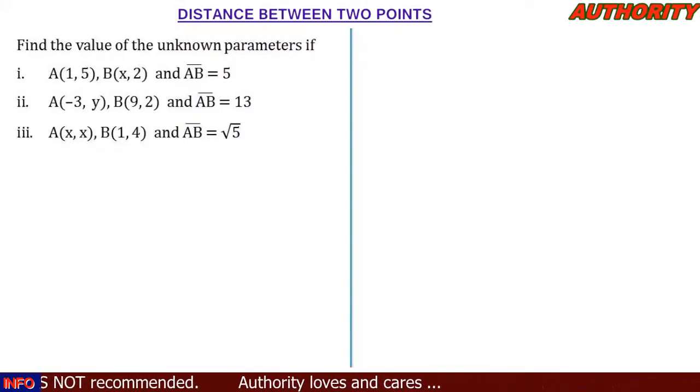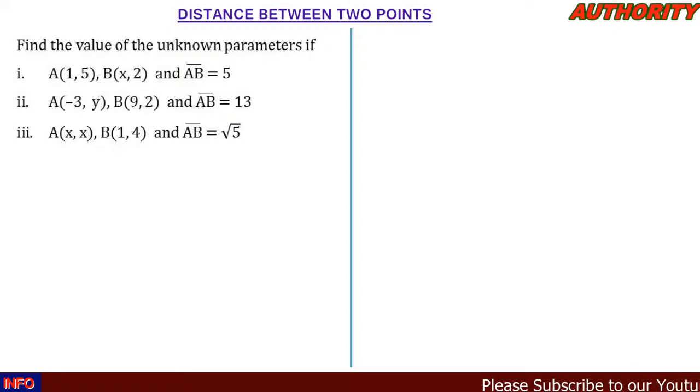Okay? Yes, when you take a look at this question very well, you will discover that we are asked to find the value of the unknown parameters. In number 1, we are asked to find the value of x, of which when you take the distance between A to B, it will give you 5.